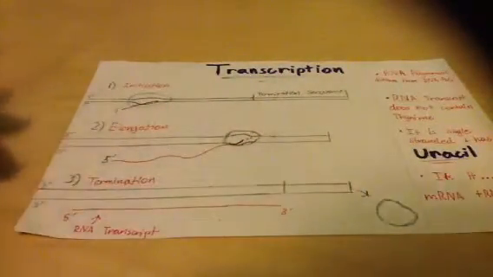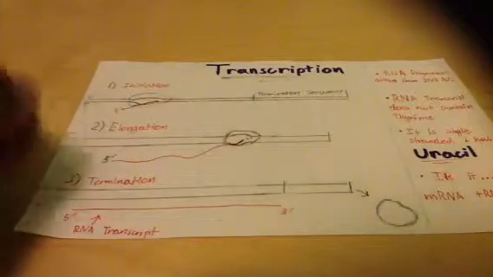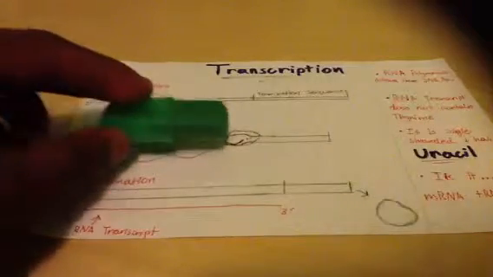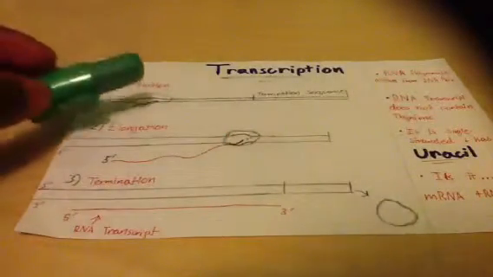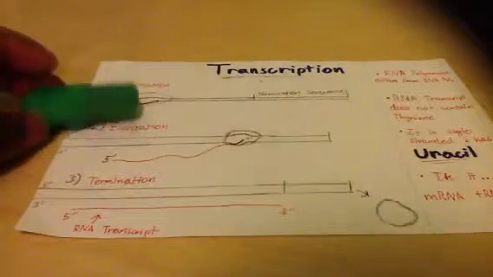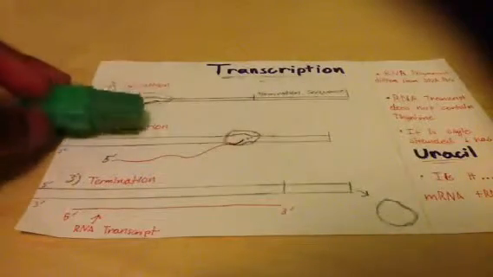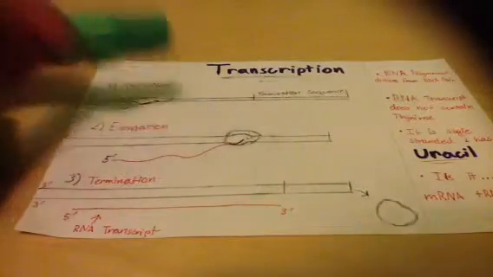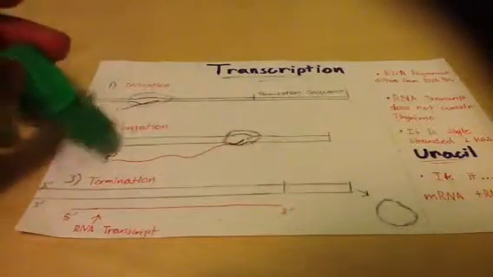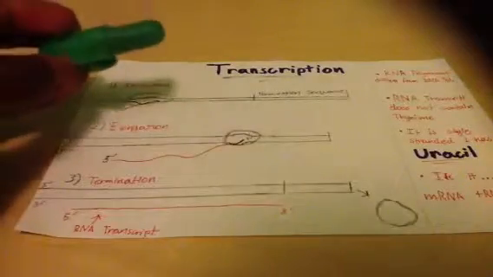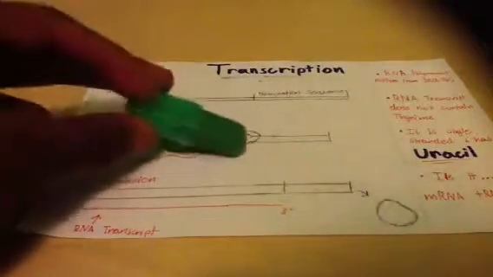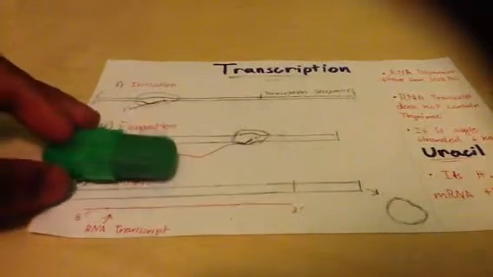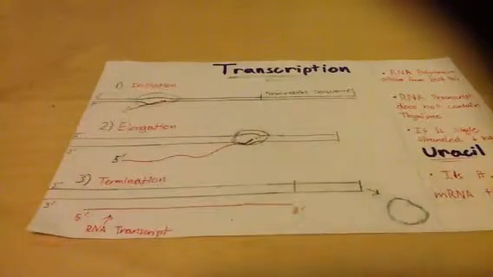In elongation, this RNA polymerase is going to continue moving down the DNA strands, synthesizing off of just one strand. If it's synthesizing off the 3' to 5' strand, then the transcript is going to be synthesized 5' to 3'. It's going to keep moving along, and then during the last step, termination, it's going to read what's called a termination sequence.